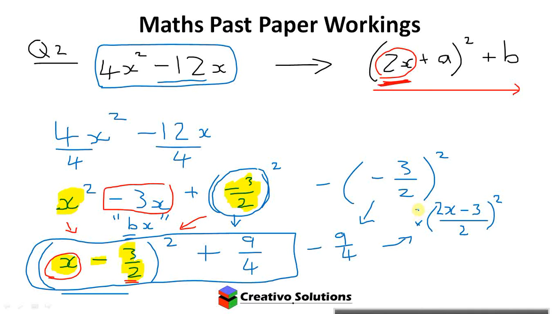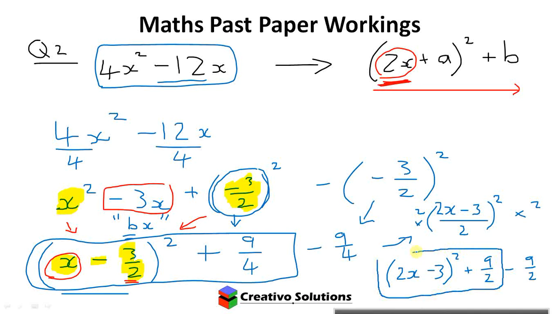Multiply this by 2, then I'll multiply everything else by 2. So I'm going to have bracket 2x minus 3 squared plus, if I times this by 2, I'm going to cancel, so 9 over 2 minus 9 over 2. Right, so your answer would be that.